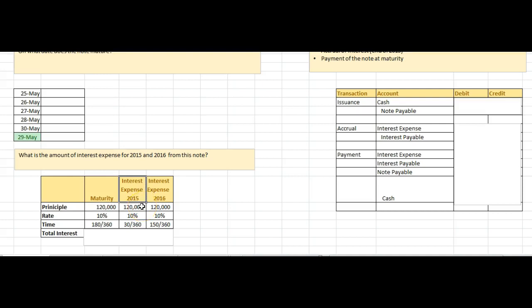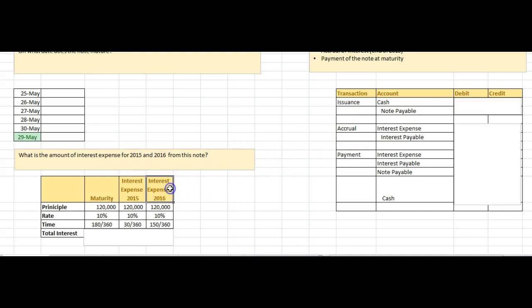So that's going to be $120,000 times 10% times 30 days divided by 360. That will give you your accrual. That's how much you're going to have to record in 2015 for an expense. And that will be this entry right here.